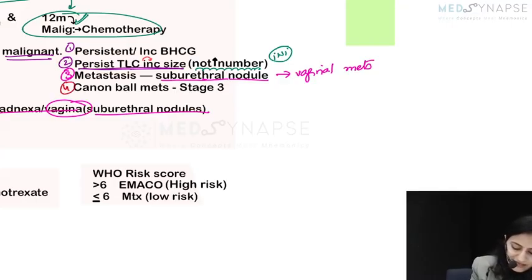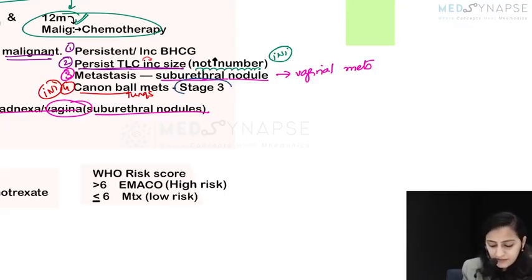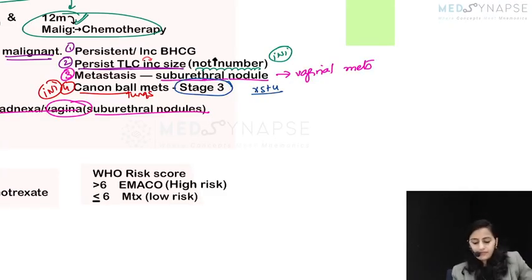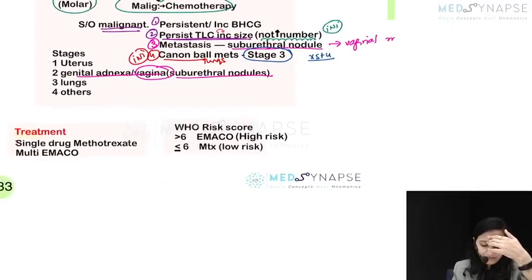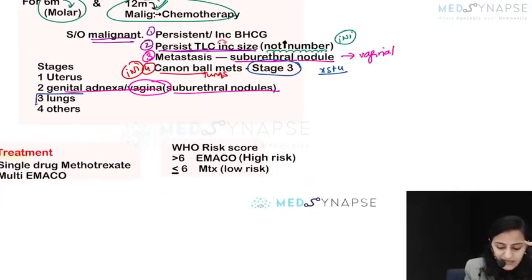Other mets that can occur is in the lungs, cannonball metastasis. Previous INI exam question again. If you see the cannonball metastasis, what stage cancer this is? 3. Remember, this is not stage 4. The lung metastasis comes in stage 3.